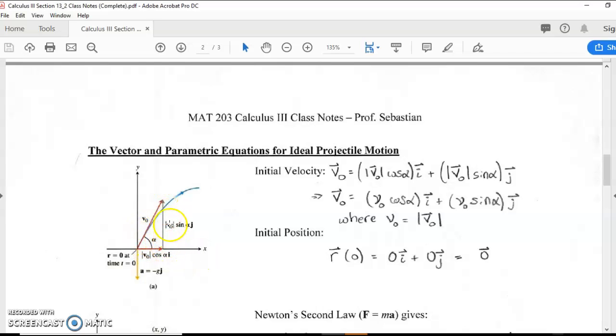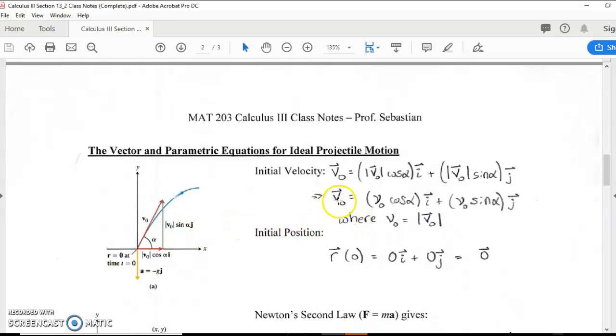And in the y direction, it's the magnitude of that velocity vector times the sine of alpha in the j direction. That's just basic trig. If the length of the initial velocity vector is the magnitude of v naught, then you can see how these components are easily determined.